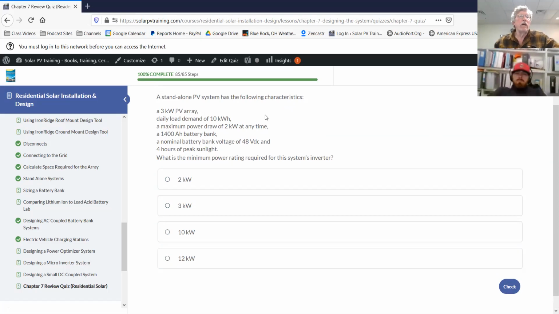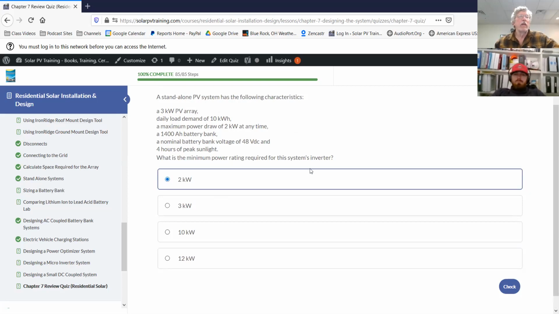Well, the thing you need to know is with a standalone system, the inverter is based on the maximum power draw, not on anything else. This is the only thing that's going to be basing the size of your inverter. And so I have a 2 kW power draw, so the minimum is going to be 2 kW.